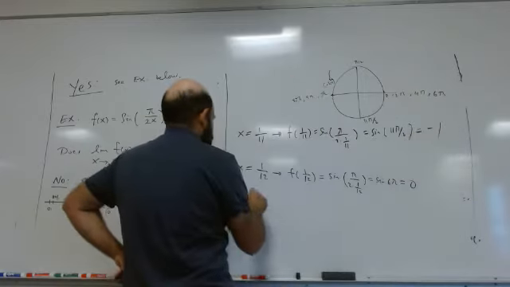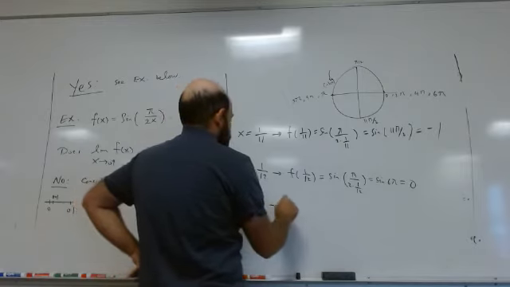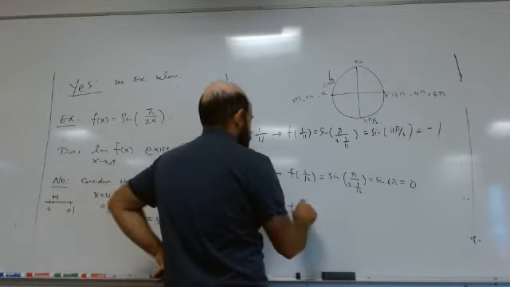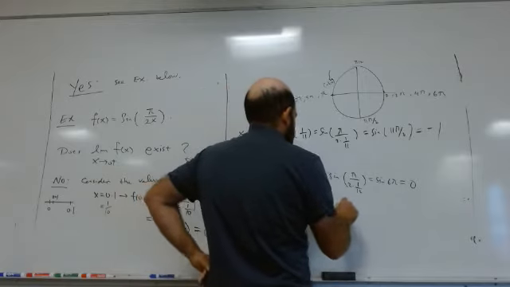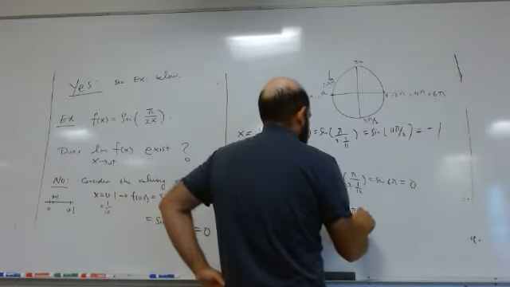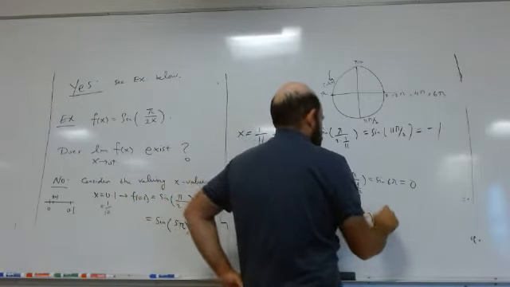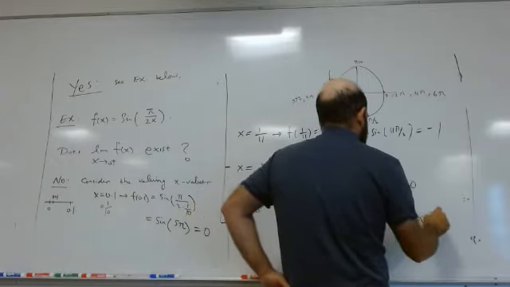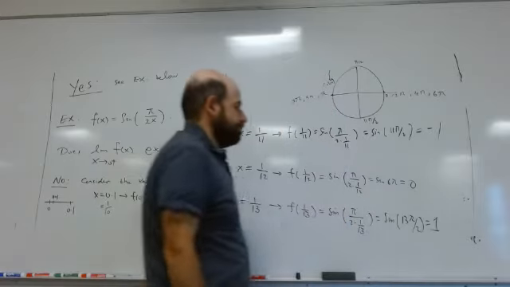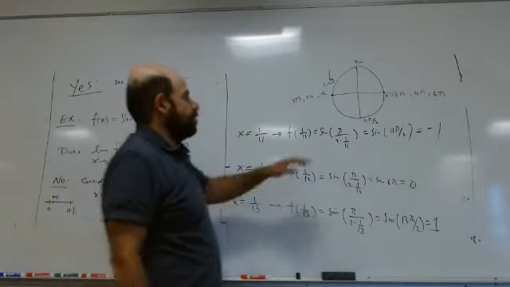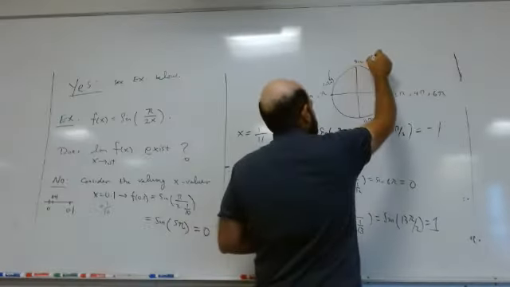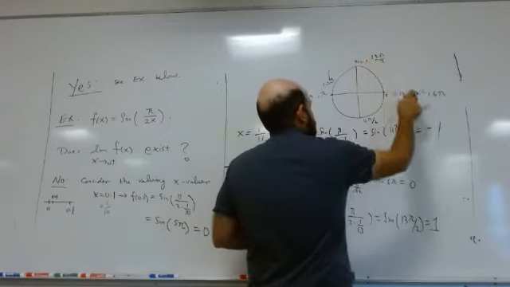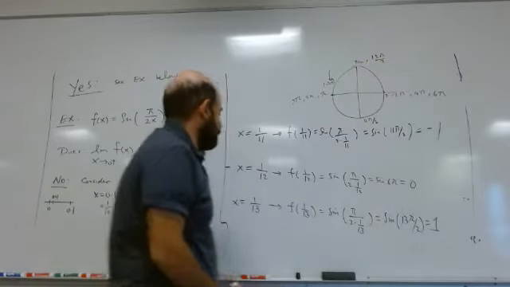Let's continue. x equals, let's say, 1 over 13. f of 1 over 13 is sine pi over 2 times 1 over 13. This is sine 13 pi over 2, which is 1. 13 pi over 2 is here, because it's 6 pi plus pi over 2, it will be here.